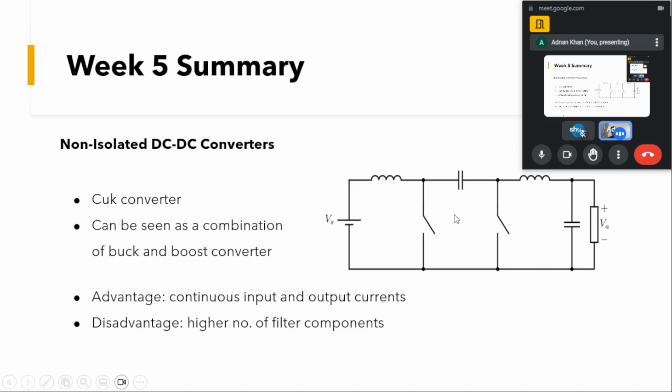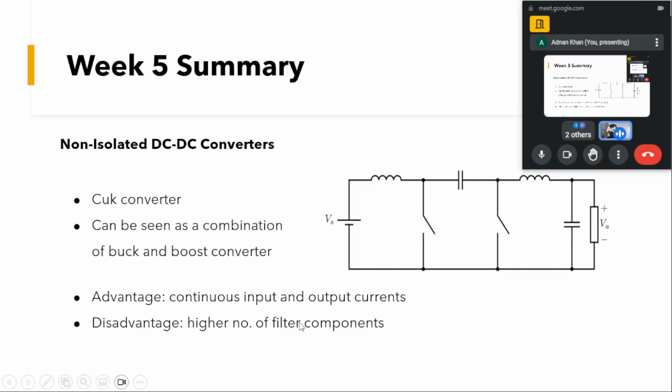Our typical buck-boost converter has only one inductor and one capacitor, whereas here we have two inductors and two capacitors. So we have four passive components compared to the typical buck-boost converter.